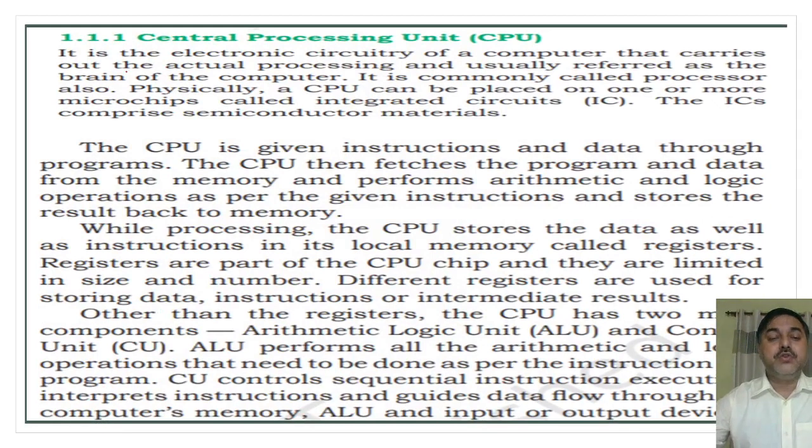Now, as we are talking about it, there is the central processing unit, CPU. You all know that this is an electronic circuit, which carries out the actual processing, and because of that it is referred to as the brain of a computer. So this particular section is said to be the brain of a computer.